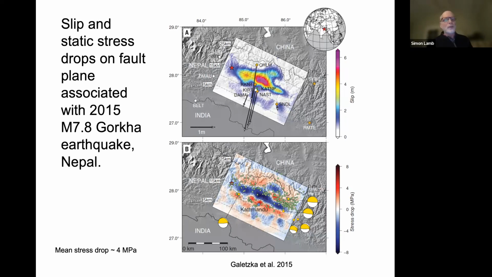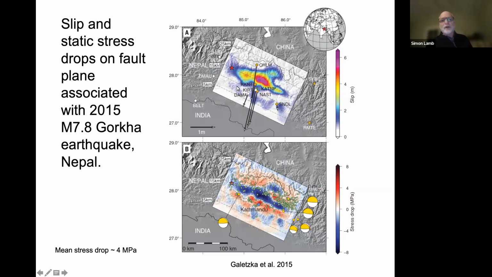So this is an example of the 2015 Gorkha earthquake in Nepal, which was a thrust earthquake in the, for those of you who are not familiar with Nepal, you're in the Himalayan thrust belt, and it's relieving stress associated with the Indian Eurasian collision zone.